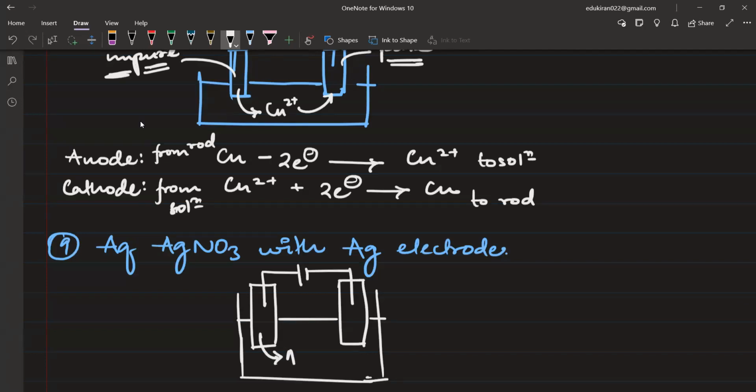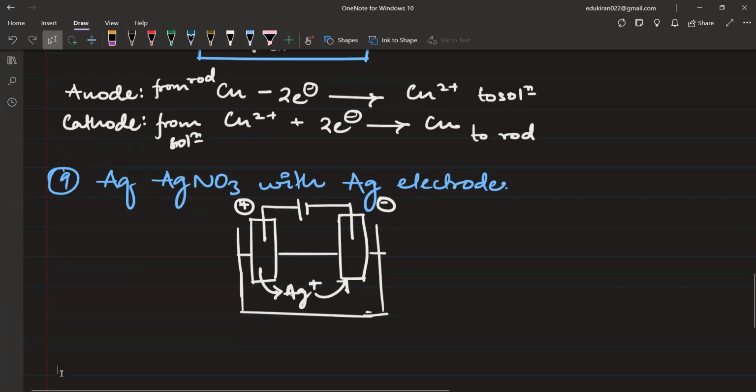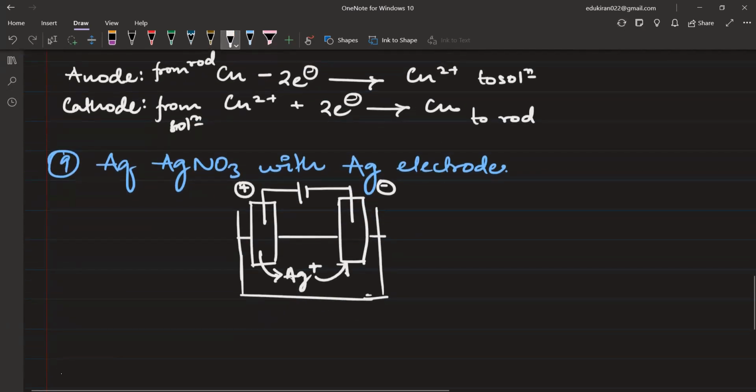And so it will give you Ag+. This will get converted to Ag. This is your positive, this is your negative side. The reaction is very similar to the copper one. You can try on your own also. Otherwise, I will write it down.